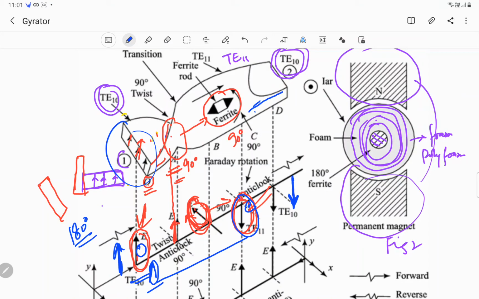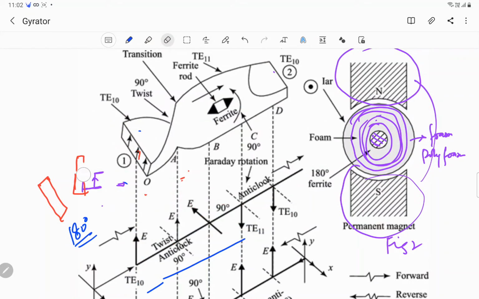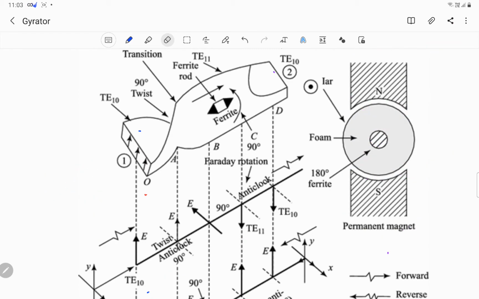So let me erase it so that we can understand what happens to the wave when a wave is fed at port 2 and reaches port 1. Now say a signal is being fed at port 2 with polarization as indicated, vertically upwards.